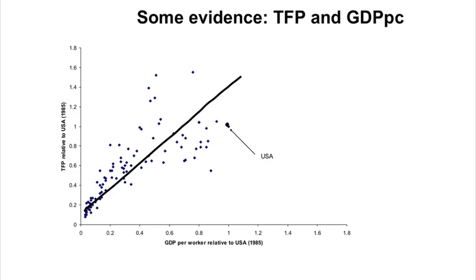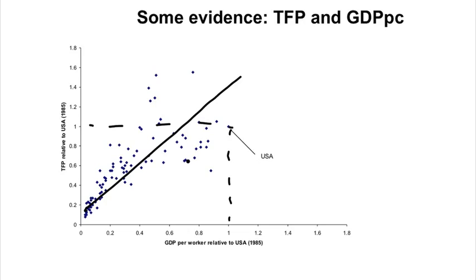So the USA is here, it's one on each of the two measures, and all the other dots represent all other countries relative to the US on total factor productivity and GDP. And you can see that basically they lie quite close to this positively sloped line, which is telling you that total factor productivity is quite strongly related to GDP per worker in different countries around the world.